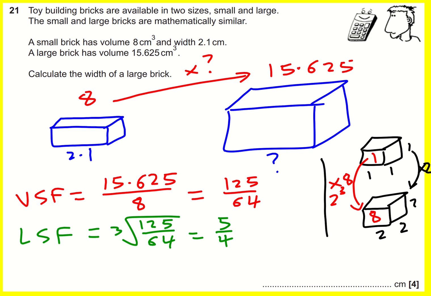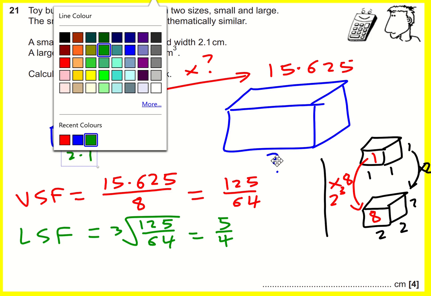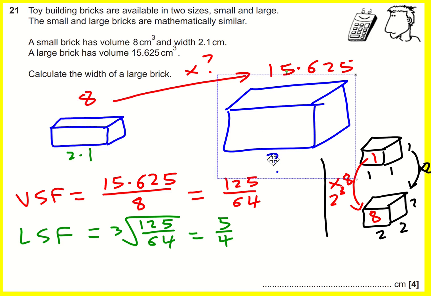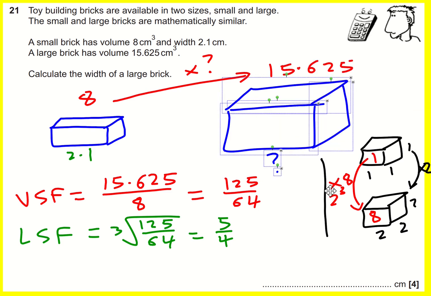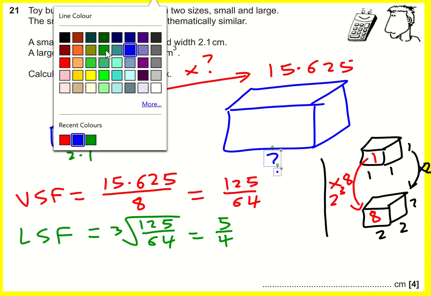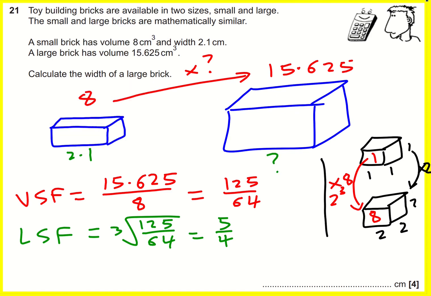That's fine. And I'm nearly there now, because I probably should have done this one in green to make it all match up. Let's change it. Okay, so to go from this to this, I'm actually going to times by 5 over 4.